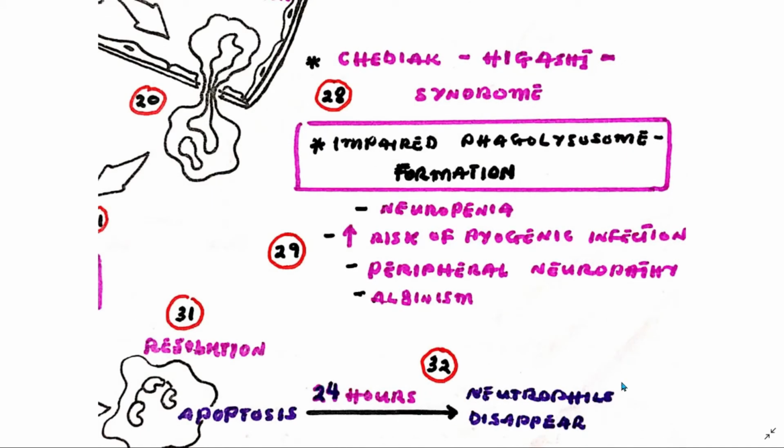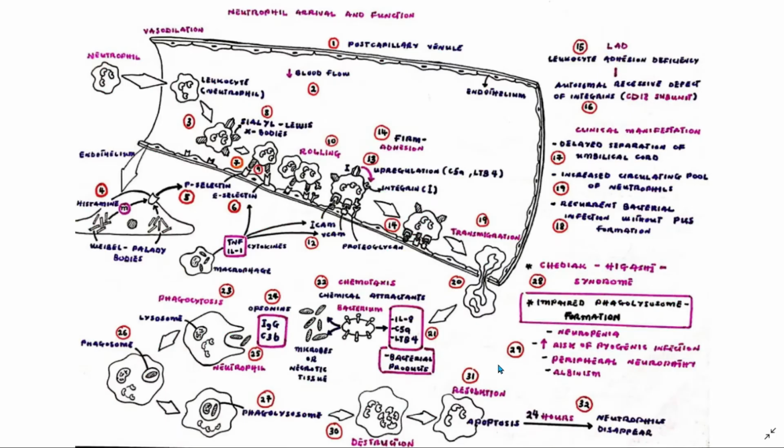So this means that within the first 24 hours of the inflammation, neutrophils are the predominant leukocytes that take action. Now we are going to move on to what happens after the 24 hours, and basically that is going to be predominated by the macrophages.